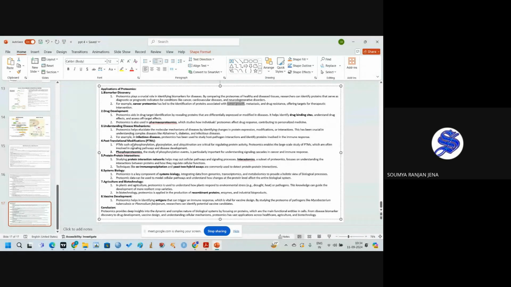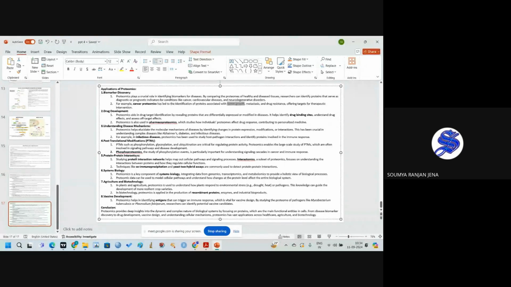epigenomics or epiproteomics, how these proteins are post-translationally modified by phosphorylation, glycosylation, ubiquitination, because overexpression of this ubiquitination will degrade all the proteins. So how this ubiquitination is overexpressed or underexpressed can be found by this proteomic study.